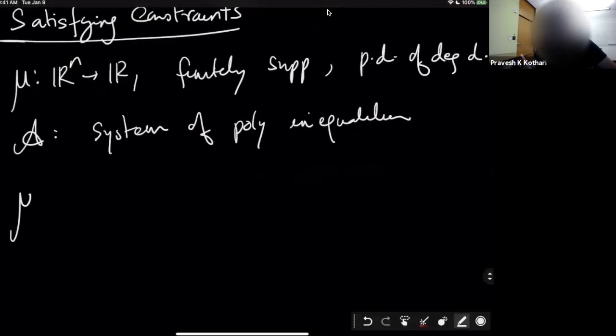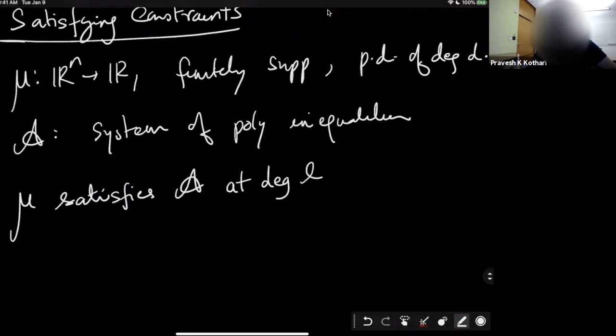Then we say that mu satisfies the system A. Now, this can be somewhat confusing, so I'll explain why I'm doing this in a second. But I'll say that mu is a degree d pseudo distribution, okay? But I'm introducing this extra parameter here.